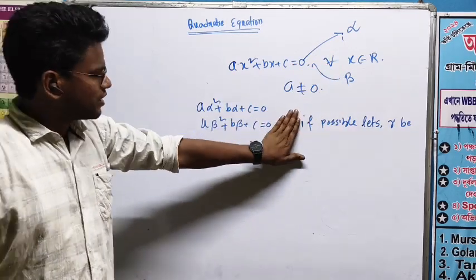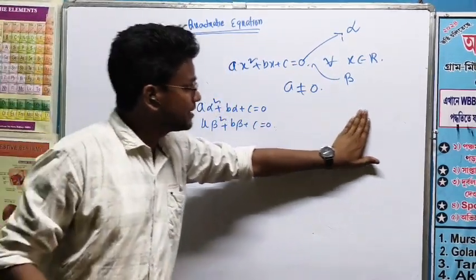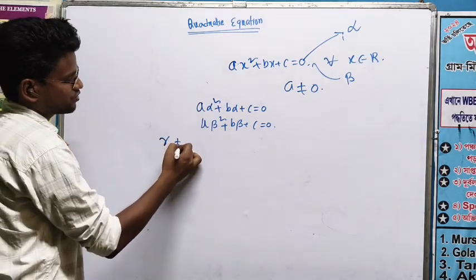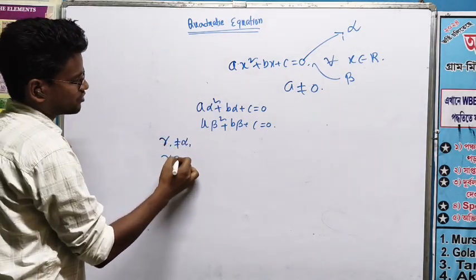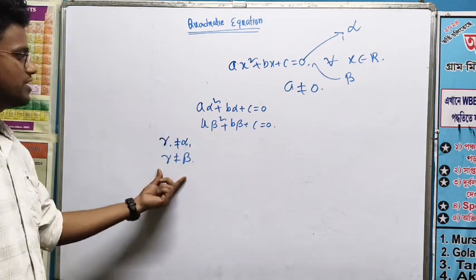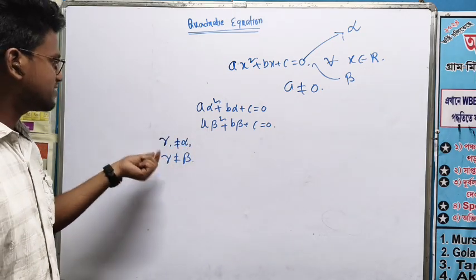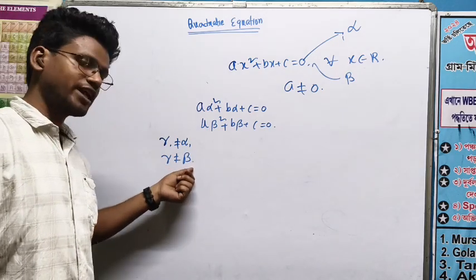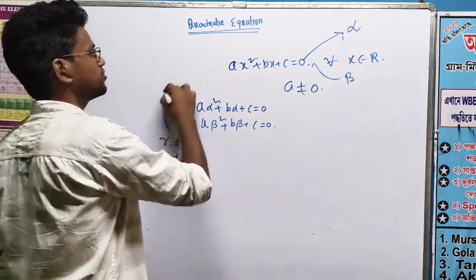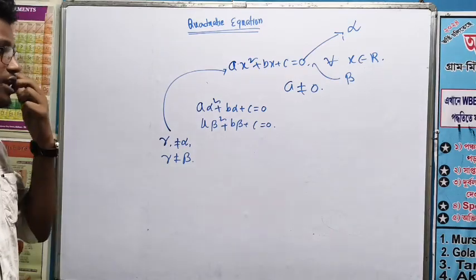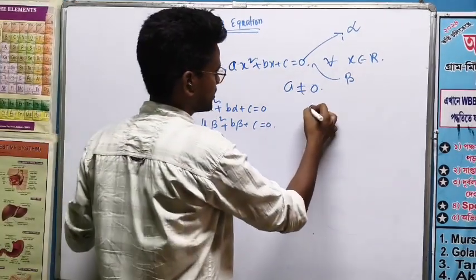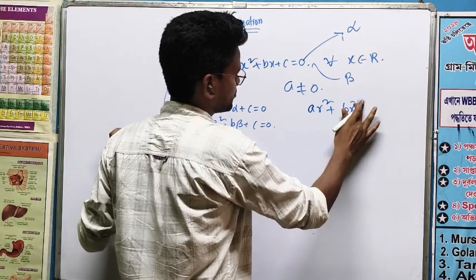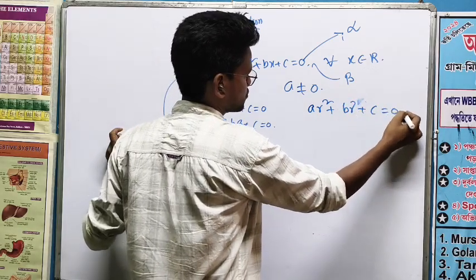If possible, let there be another root gamma, which is not equal to alpha and gamma is not equal to beta. This is my assumption. So gamma is a root of this equation, so the equation is satisfied: a gamma square plus b gamma plus c is equal to 0.